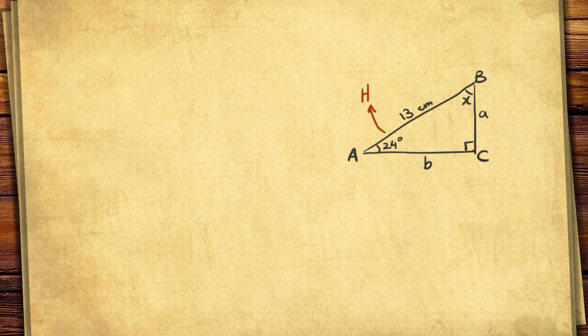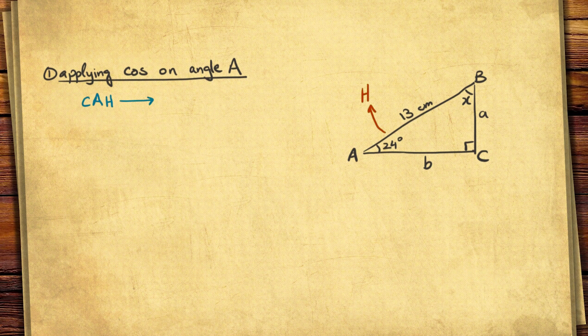Let's apply the cos ratio or the cosine ratio. In the same triangle ABC, let's apply cos on this angle, angle A, that is 24 degrees. Now using SOHCAHTOA you know that C equals A divided by H, and that means cos of any angle is equal to the adjacent side divided by the hypotenuse.